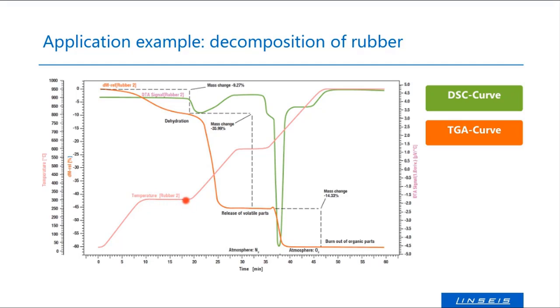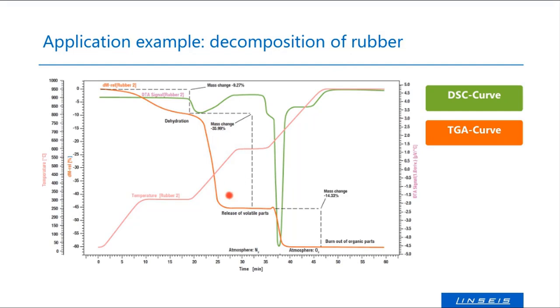During this isothermal step, we waited until this effect was over, and then we forwarded with heating. And during the second heating step, there was a quite huge mass loss, and there was a quite clear peak on the DSC signal. So at that point, the sample underwent some pyrolysis, some volatile parts and some organic parts decomposed, some sulfates and nitrates decomposed and were released, maybe even some carbonides were released.